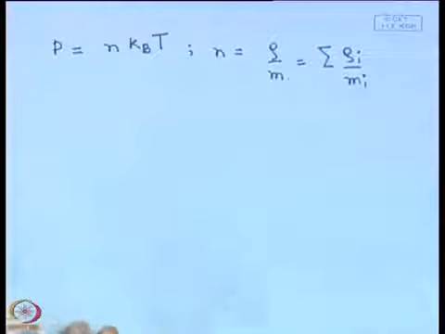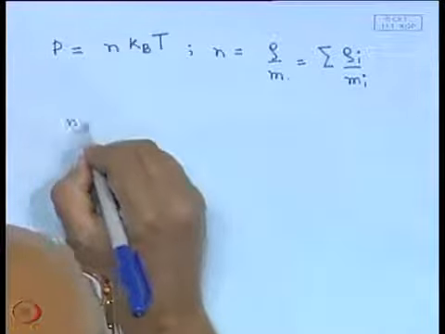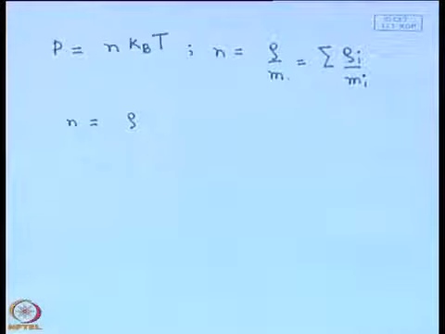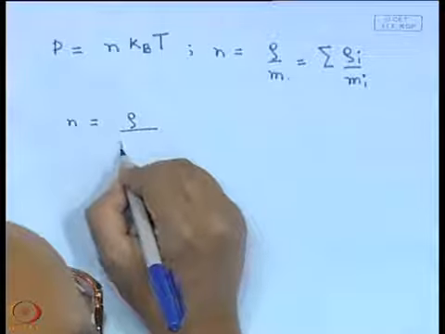Now we write this number density of particles N as the density of the gas divided by the mass of one hydrogen atom.